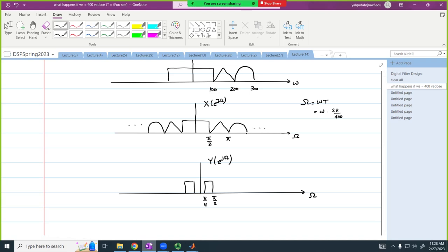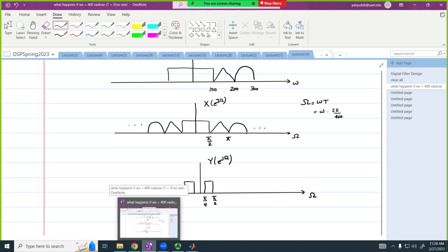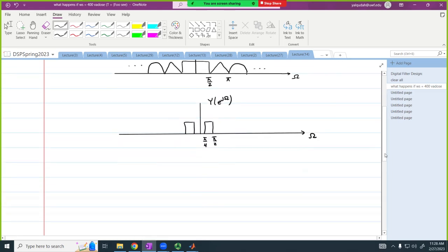And this is omega. And therefore, if I convert this signal back to a continuous time signal, again, omega is equal to w multiplied by T. And therefore, this pi over 4 is going to translate to 50 radian per second, and pi over 2 is going to translate to 100 radian per second.